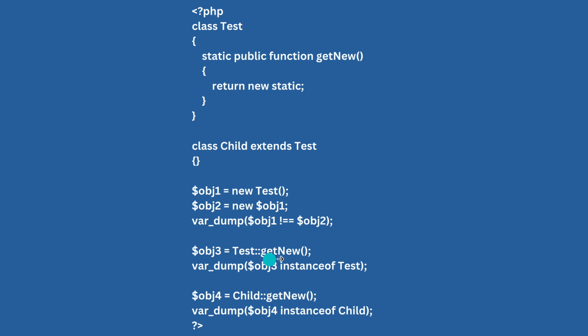Arrow, then the function name. Clear guys, how I am accessing the properties and methods? Any confusion? No, sir, it's clear.